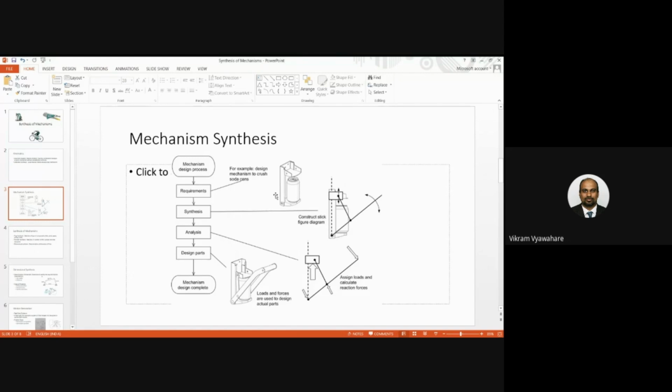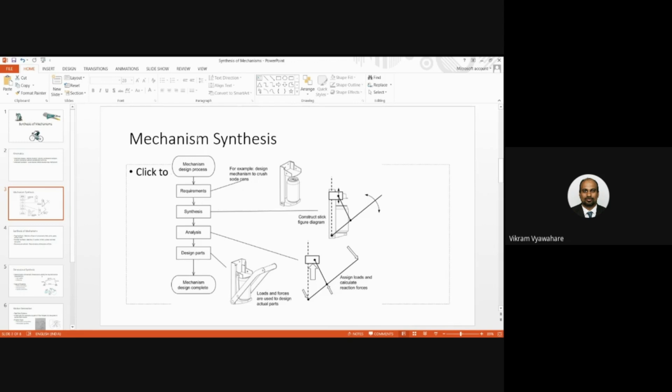Whatever force I apply, nothing is going to bend. But when we consider the design, then we are going to consider failure, what we study in strength of materials. Using those principles, you will then design the parts, and in this, the design of the mechanism is complete.